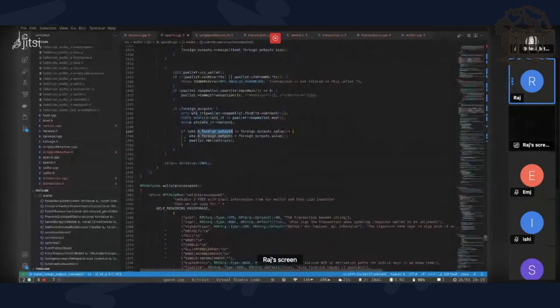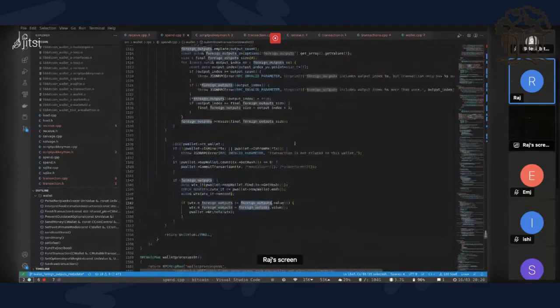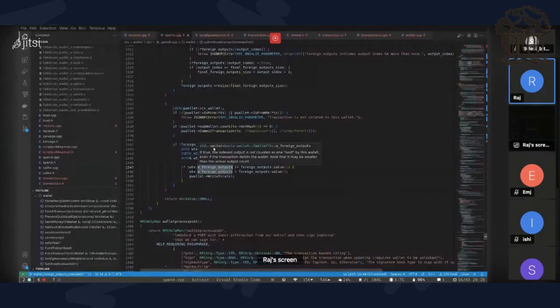What is happening in this last part of this RPC is that there is this foreign outputs that is getting mapped from the input, right? The user is giving this input which is getting stored in this foreign outputs. And the wallet transaction structure, called CWalletTx, we'll look into details a bit later, has a field called mForeignOutputs, which is a vector of bools. It is basically flags for each output index, to mark them as ours or theirs.